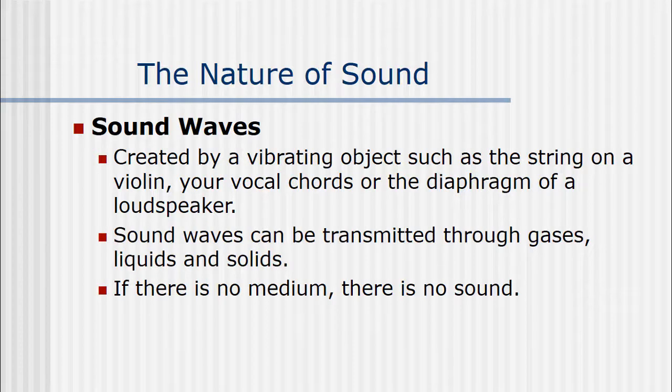Sound waves can be transmitted through gases, liquids and solids. If there is no medium, there is no sound. You have discussed it earlier that sound waves do not travel in vacuum because they need some medium, because their nature is mechanical.